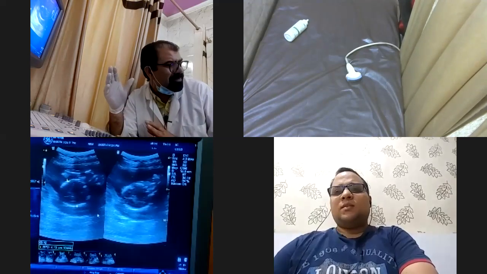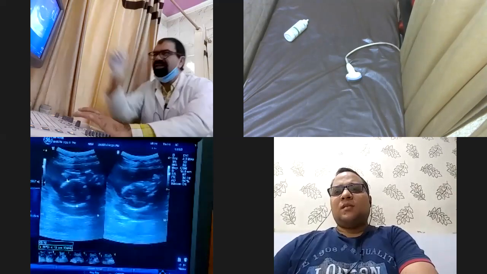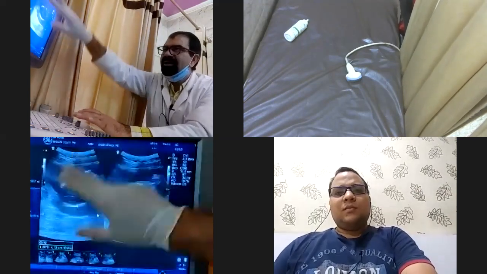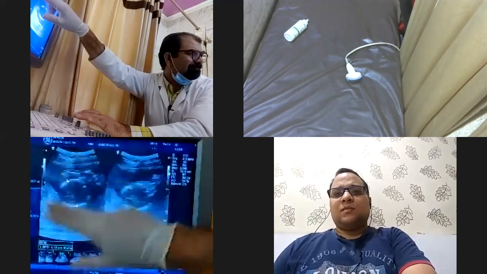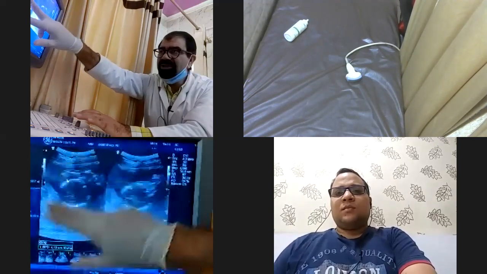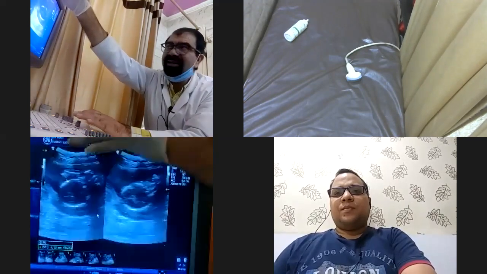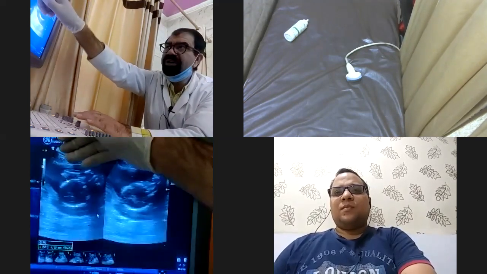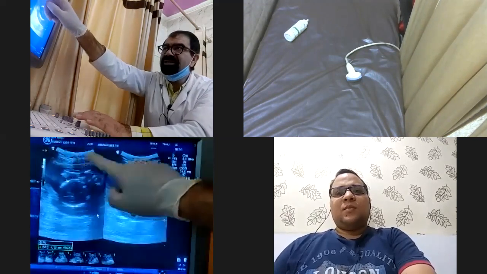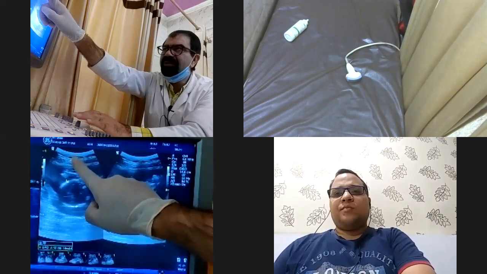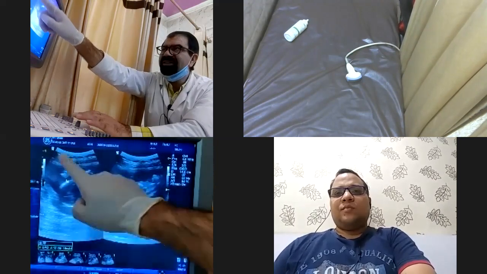Yes, sir. Now, the answer is, for example, over this image, this is anterior and this is posterior. The probe is here. This is the footprint of the probe. It means from here, when the ultrasound beam is coming, it is hitting this area.